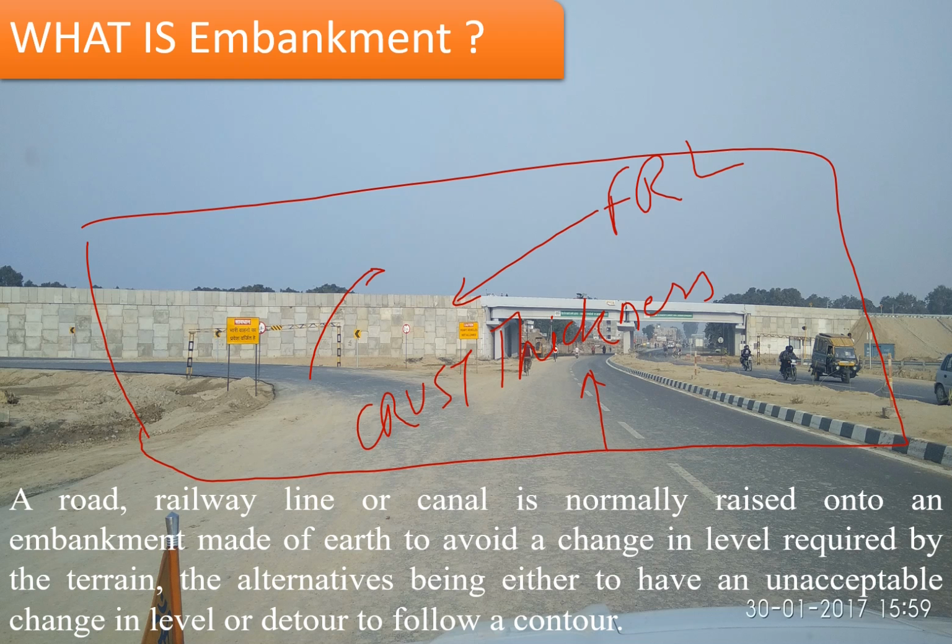Generally the crust thickness for any road is fixed. So if you change the finished road levels too much compared to the original ground level, the variation needs to be adjusted using an embankment only. That is what we are trying to explain: the importance of embankment and how the embankment material can be divided into different layers.